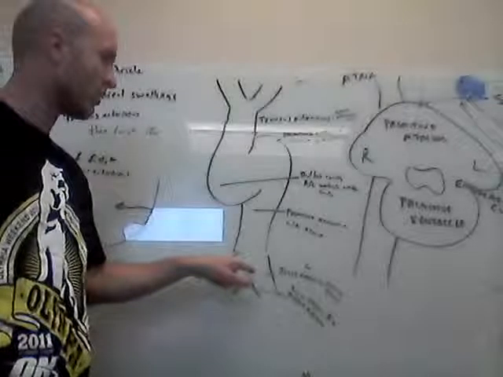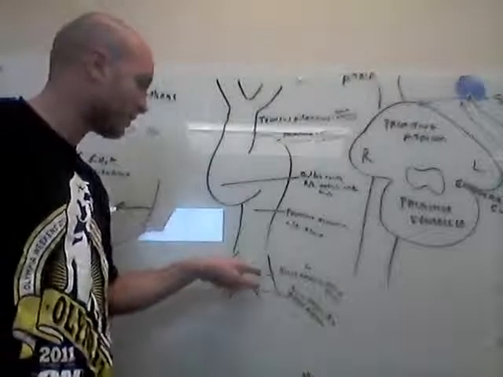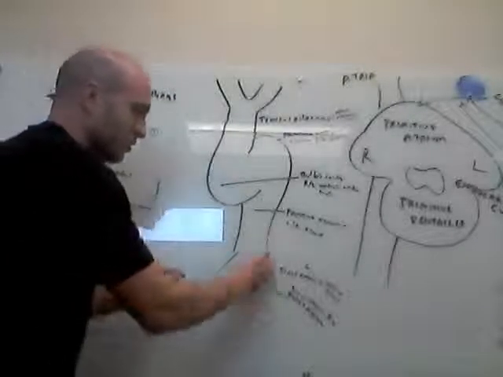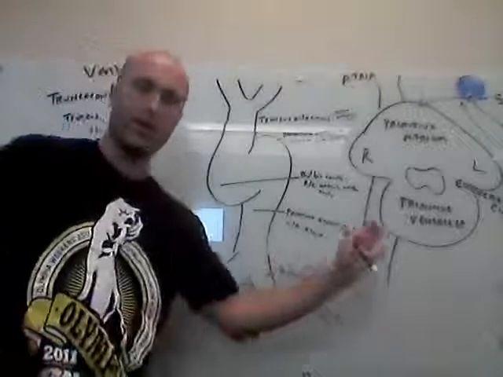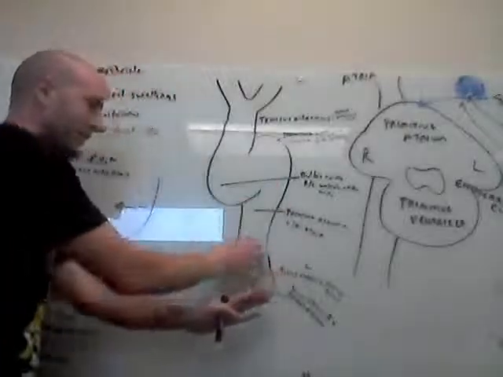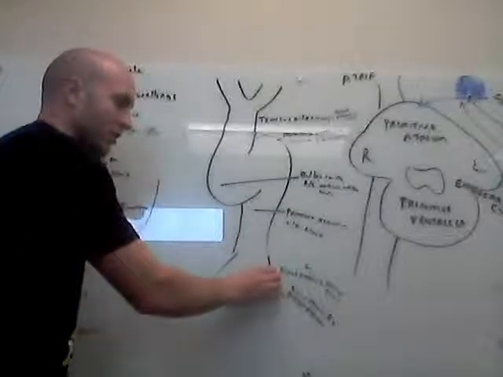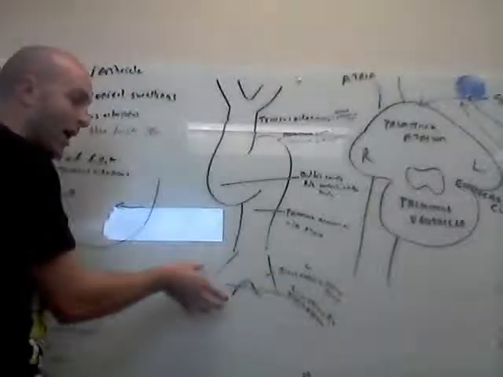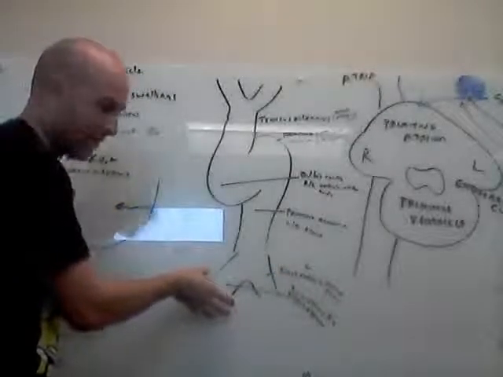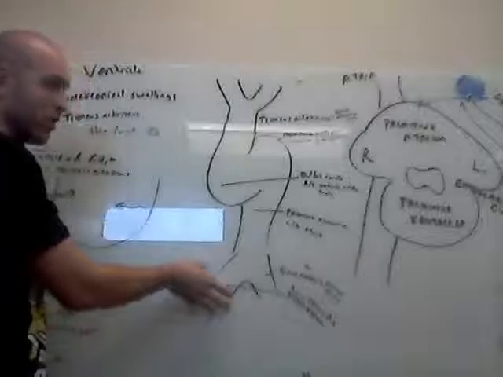And then down here at the bottom, up here with the Truncus Arteriosus, down here is the Sinus Venosus. And with the Sinus Venosus, you see here there's two. There's one on the left, and there's one on the right. The Sinus Venosus on the left becomes the coronary sinus. And the Sinus Venosus on the right becomes part of the right atrium as well.